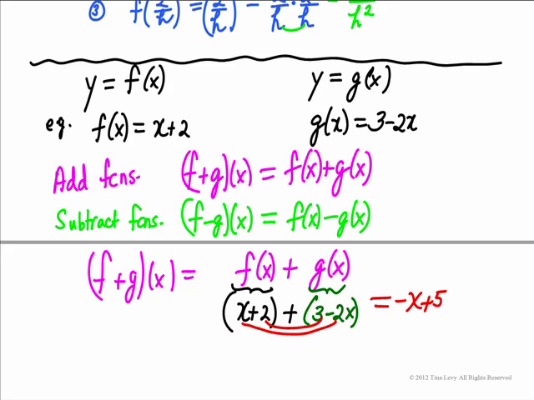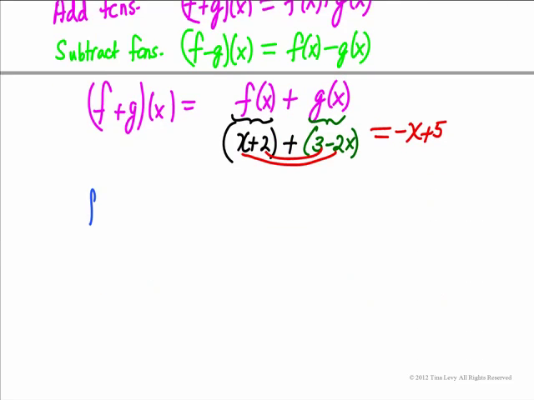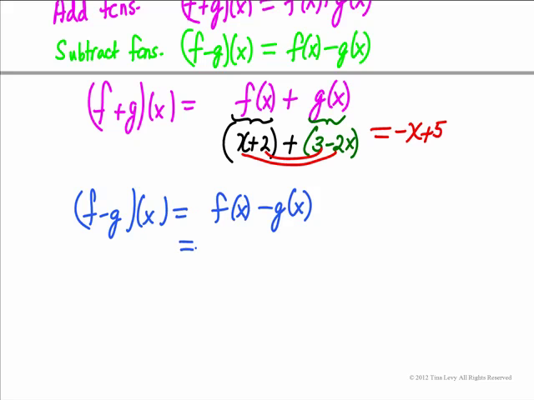So now we'll look at what f minus g of x would be. It's going to be f of x minus g of x. So we put that f of x is x plus 2 minus g of x, which is 3 minus 2x.